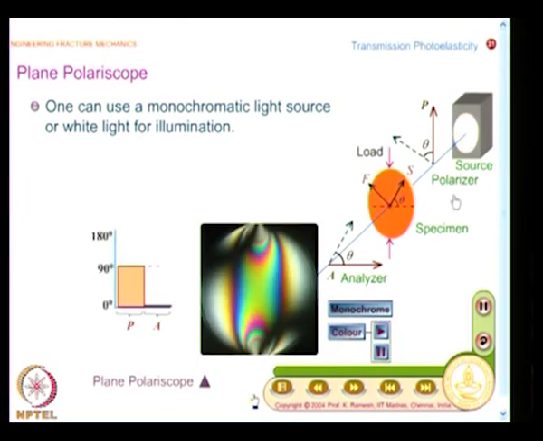So, what I find here is, when I put a white light, which is nothing but light source of multiple wavelengths, now I find one set of contours are colored, the other two contour that we saw, they still remain black.